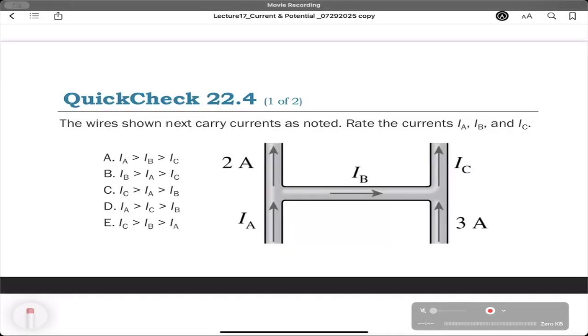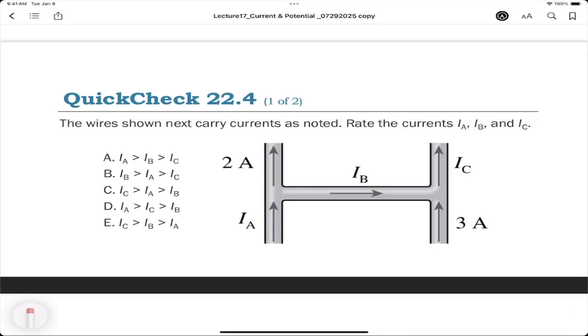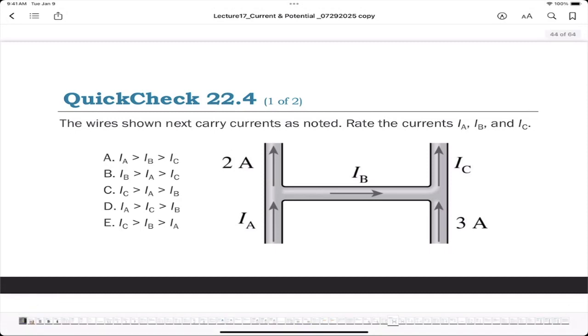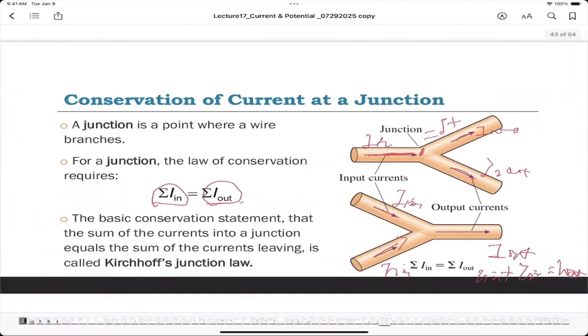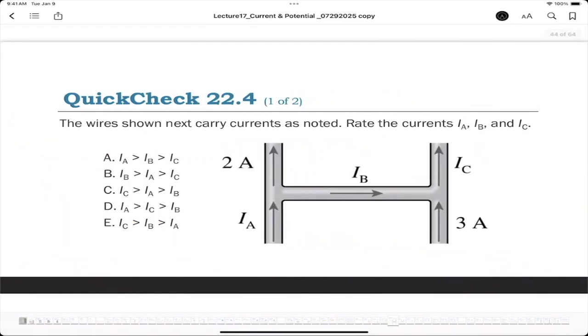Okay, let's review these quick check questions. The wires shown next carry currents as noted. Rank the currents IA, IB, and IC. This question lets us find the relationship between IA, IB, IC. Just remember, no matter how complicated a circuit you meet, you just use Kirchhoff's junction law, checking junctions one by one.